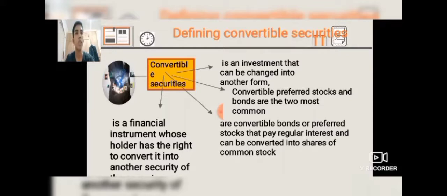The disadvantages to the corporation are that the average size of a convertible offering is very small, and accounting considerations regarding convertibles, such as potential dilution of EPS.